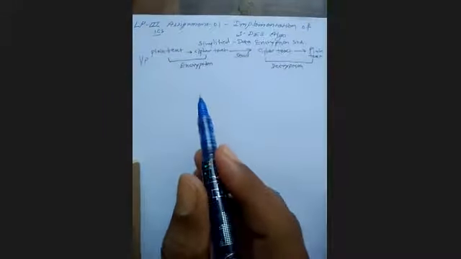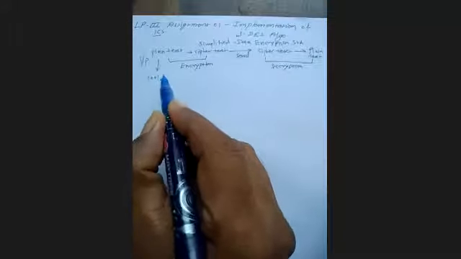Let me take one example. See the plain text I have considered here: 1 0 0 1 0 0 1 1 1 (as written). This is my input plain text that I have to convert to the ciphertext.